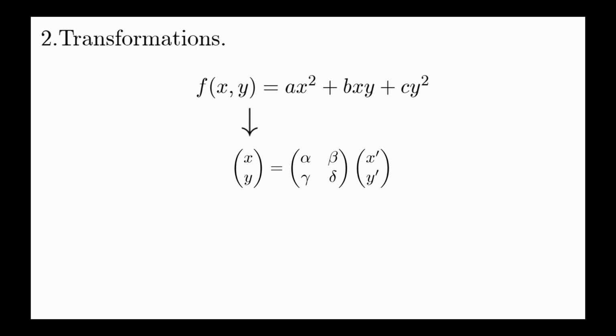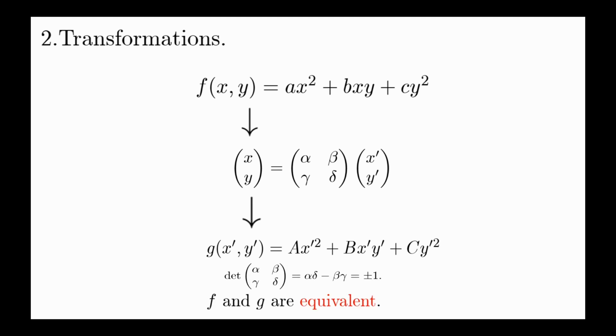And the second important thing with binary quadratic forms is that you can transform them. For example, if you have the binary quadratic form f of x and y, you can replace x and y by linear forms in x and y, and you will get a transformed binary quadratic form.